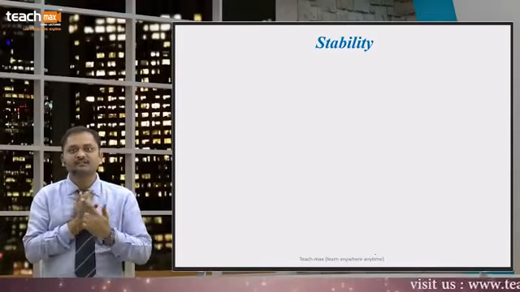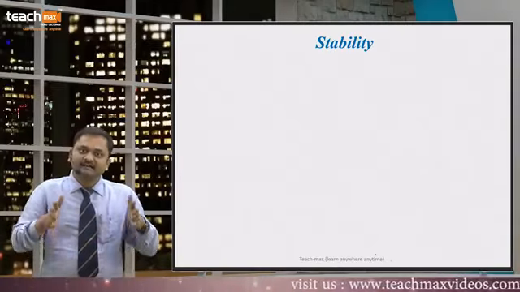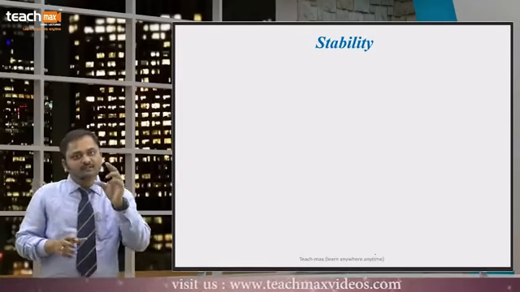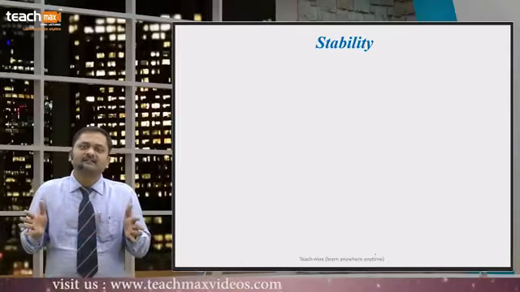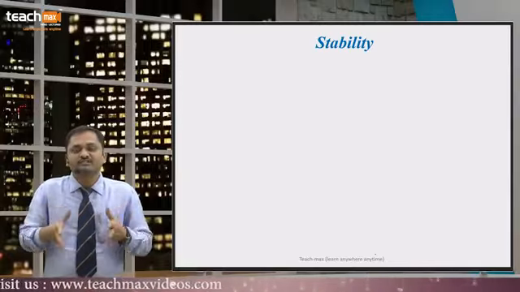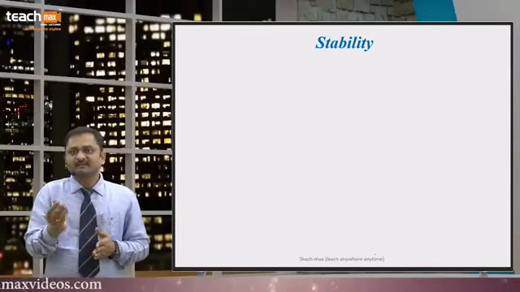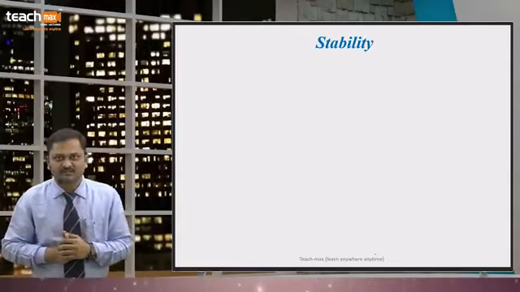Stable structures definitely remain in position when external forces are applied. They deform by some amount and regain their original shape and position. It does not change its position. It changes by some amount, but it remains in position. So we say it is a stable structure.